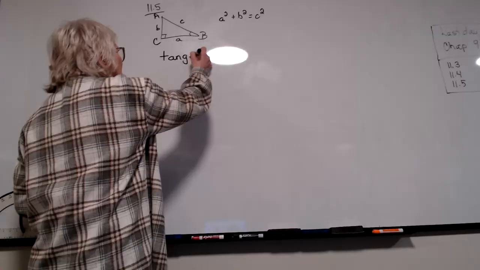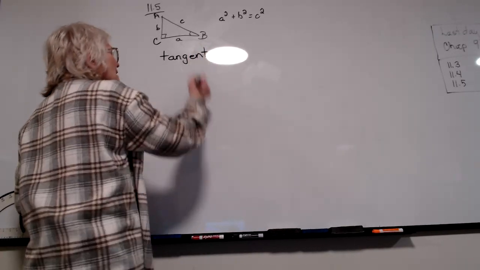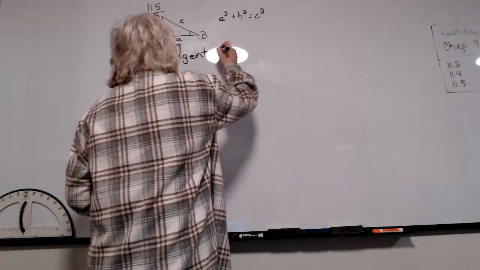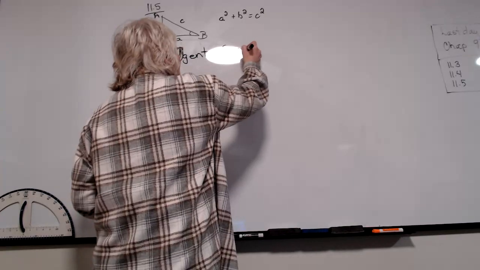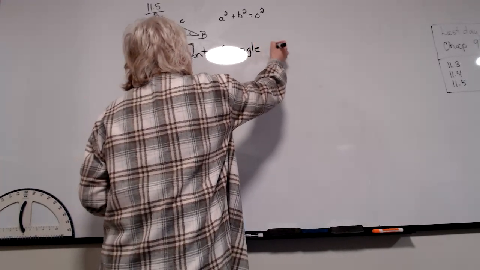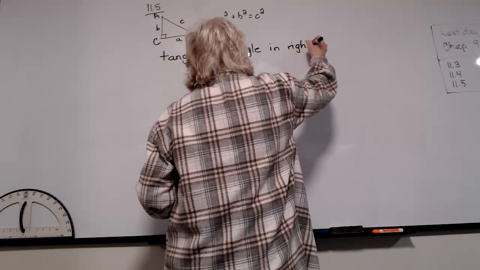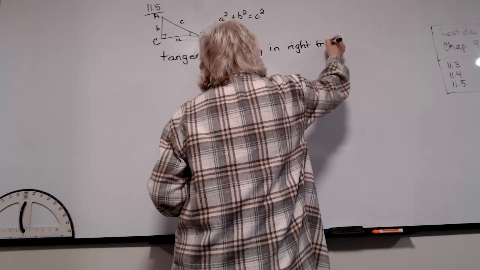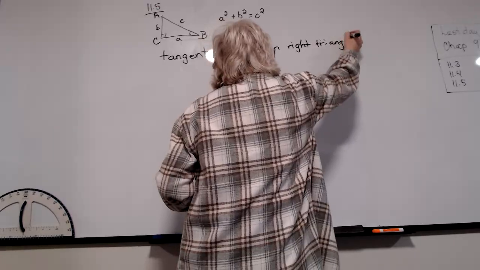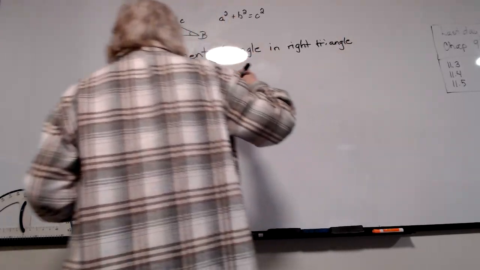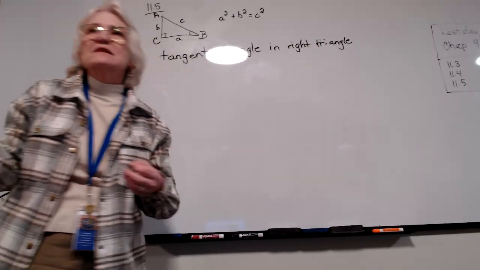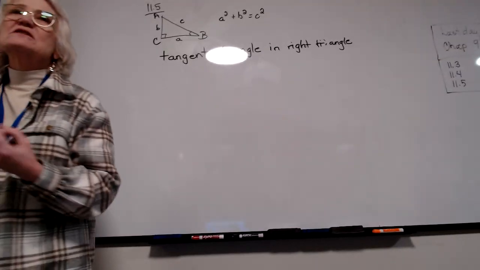It's actually spelled this way, but it's the tangent of an angle in a right triangle. And because it's a specific ratio of sides, it's a ratio that's always the same.